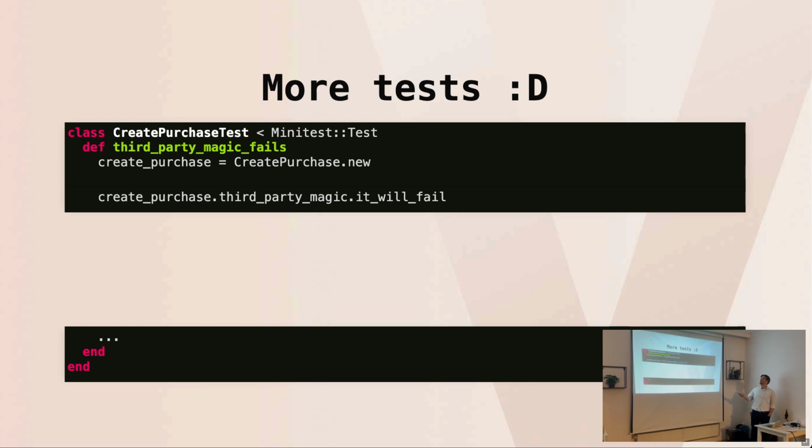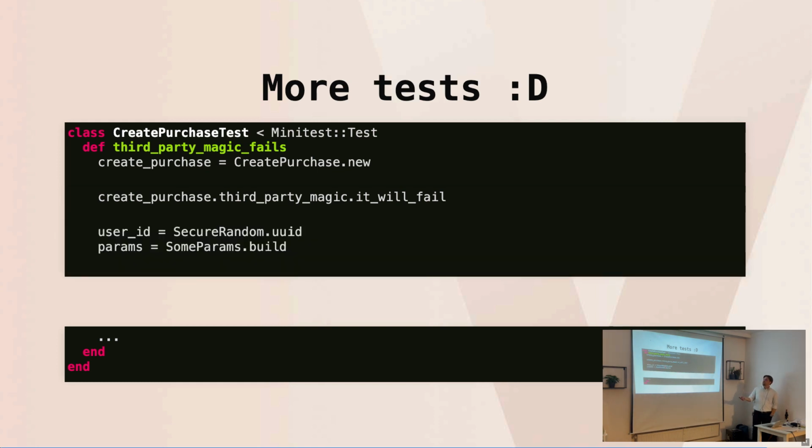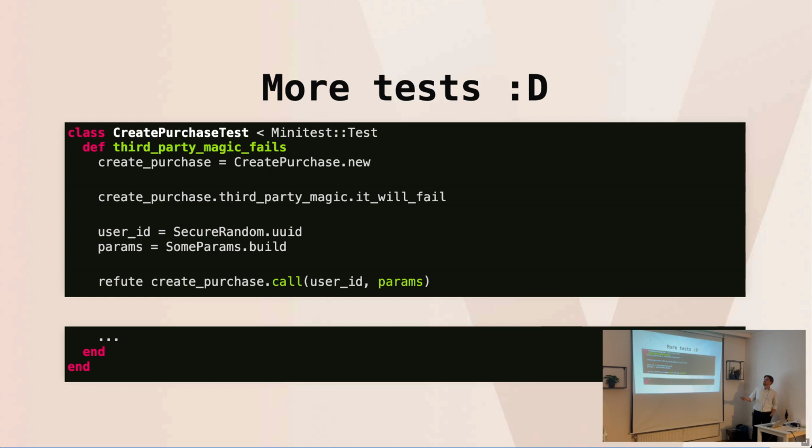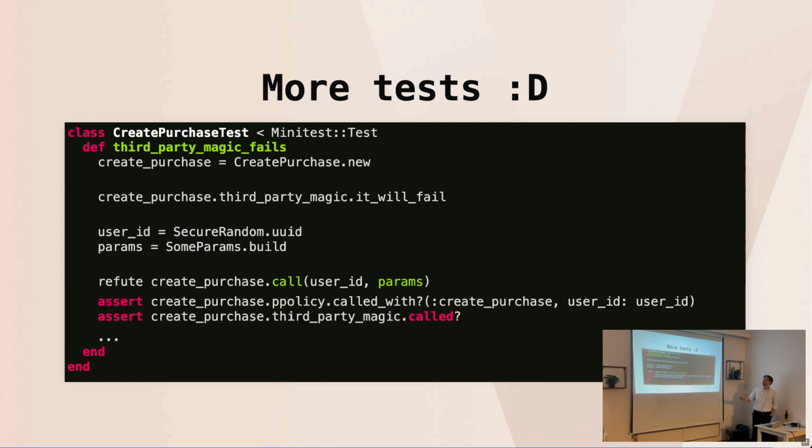So we will say that third-party magic will fail next time. Again, attributes, we call our purchase, and this time we expect to receive false from our service. And again, we can check what exactly happened inside. There is a difference here, but all those methods were called. So our service worked inside as supposed to.